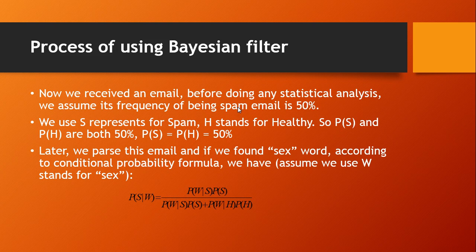We use S to represent spam and H to stand for healthy, so probability of S and probability of H are both 50%. Later, we parse this email, and if we find, for example, the word sex, then according to the conditional probability formula, we can calculate the probability for that word.